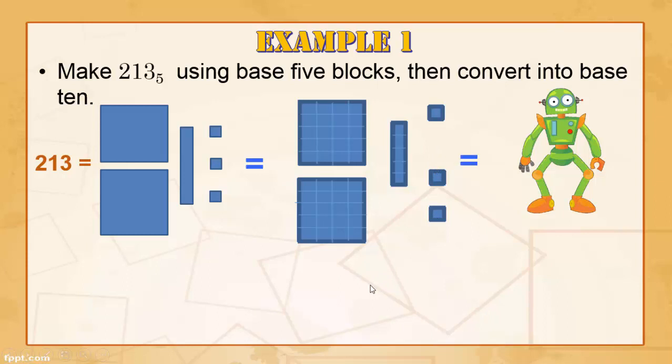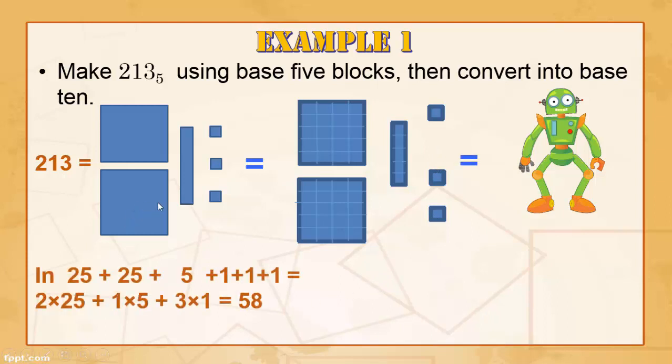So that means we have 25 plus 25 plus 5 plus 1 plus 1 plus 1, and that's the same thing as saying 2 times 25 plus 1 times 5 plus 3 times 1 is equal to 58.